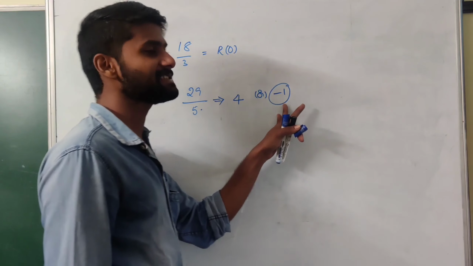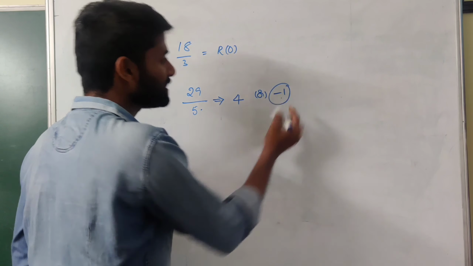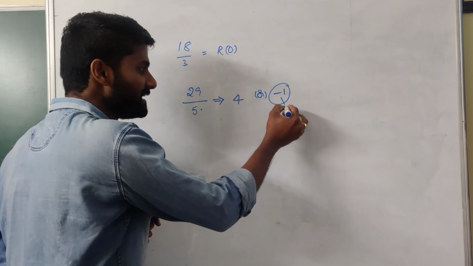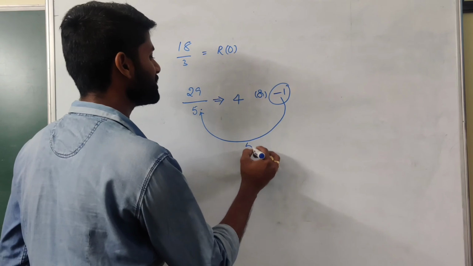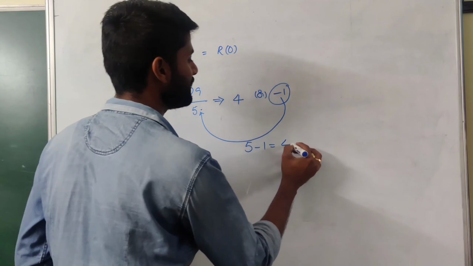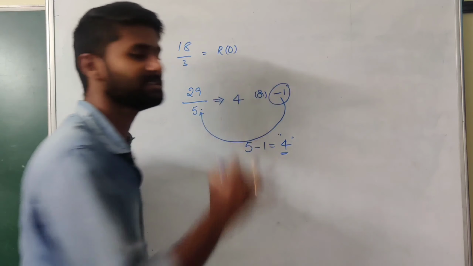If you consider minus 1, this negative value is converted into positive by adding it to the denominator. So 5 minus 1, we are left with a remainder of 4.